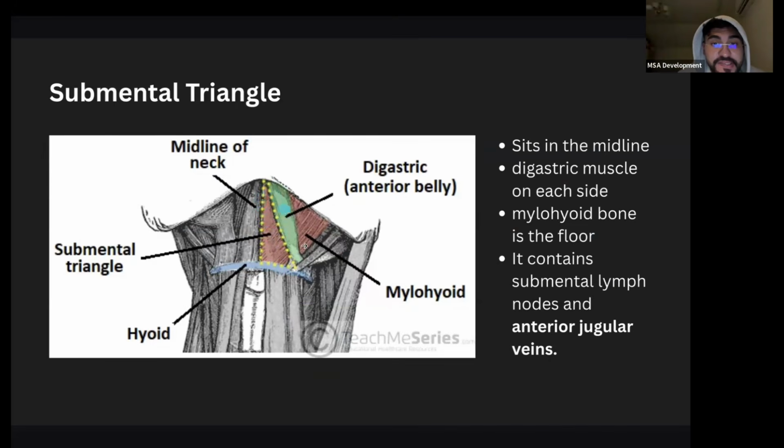It has the digastric muscle on each side laterally, and then it has the mylohyoid muscle, which is inferior to the triangle. So it's the floor of the submental triangle. Within this triangle, you'll have submental lymph nodes and anterior jugular veins. It's very important that you know that. So this is the submental triangle.